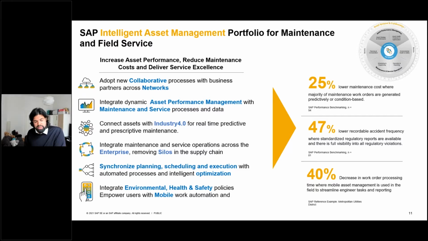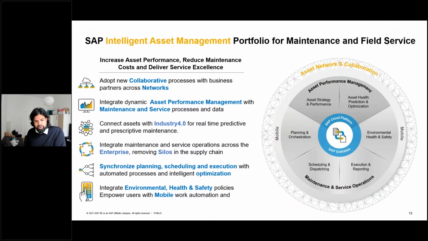So if you go to the next slide, I will just give you an overall view of the portfolio, what we have. I'm not going to go into many more insights, but we have a huge portfolio of solutions, which basically covers the entire end-to-end asset management, right? We call it intelligent asset management because it's digital. It's using not only the static data coming from your system, but also dynamic data using IoT sensors.